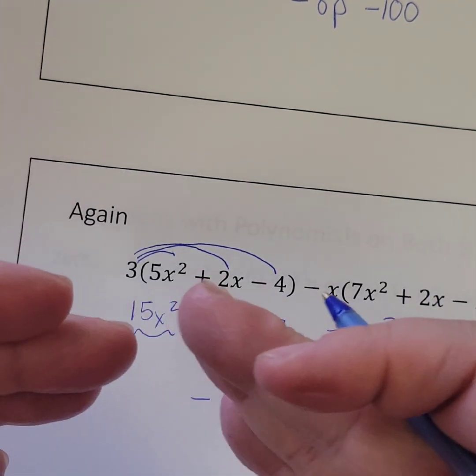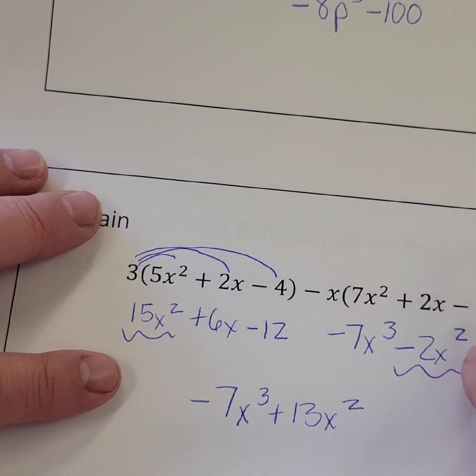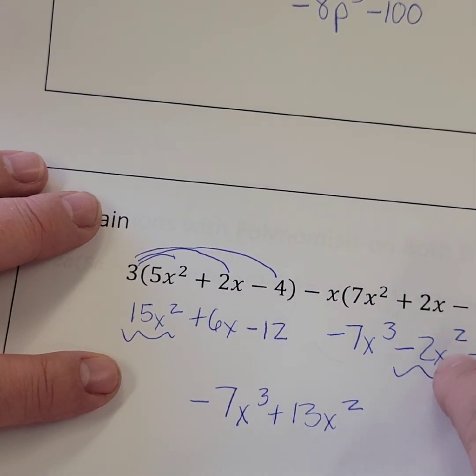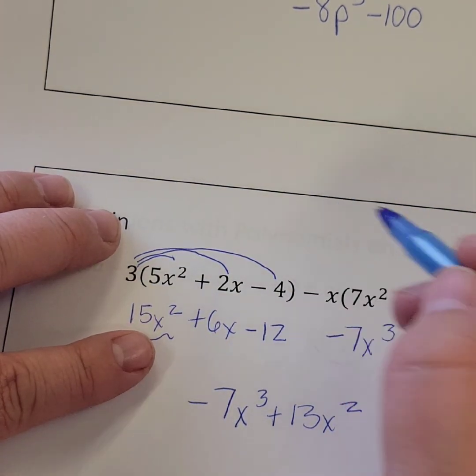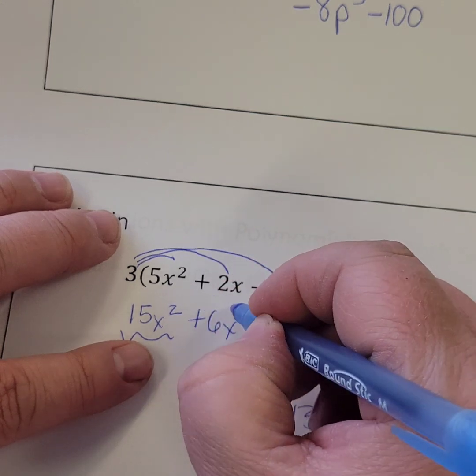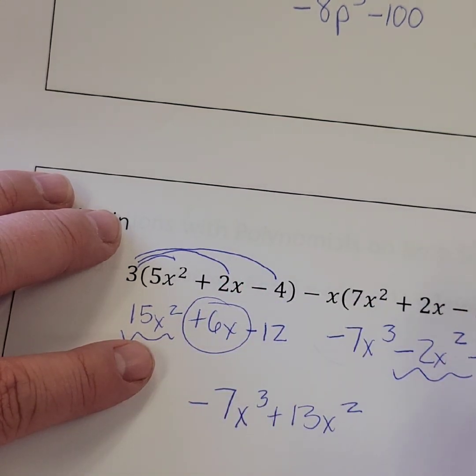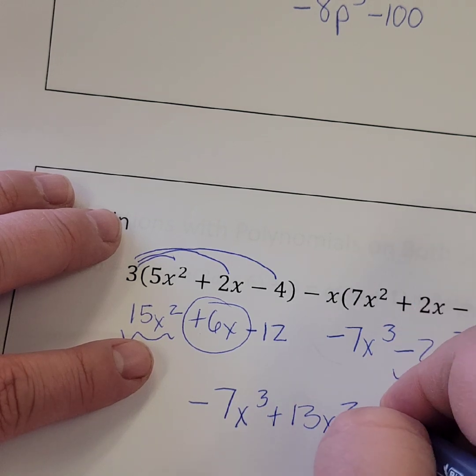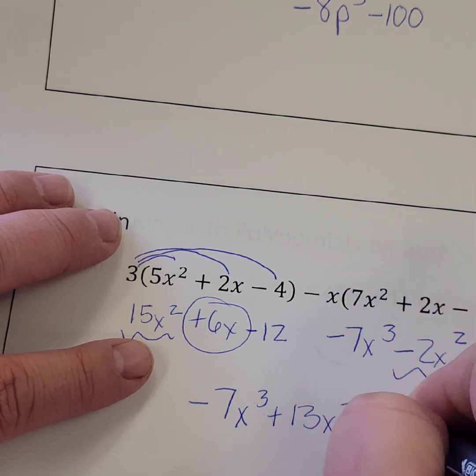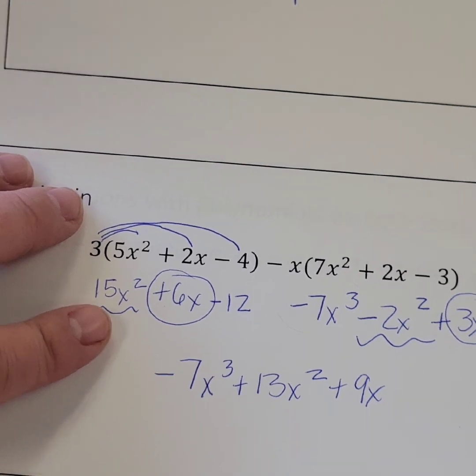And remember, when you're combining these with pluses and minuses, you just keep this exponent the way it is. Okay, then we have this and this. So 6 plus 3, so positive 9x. And there's the answer for that one.